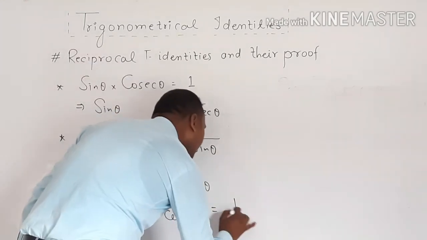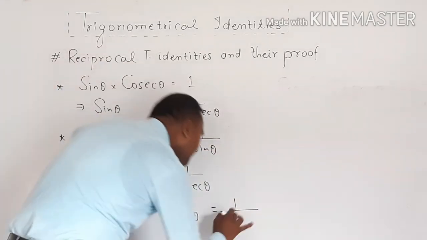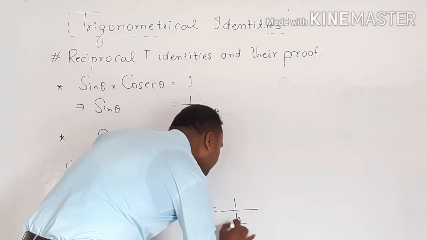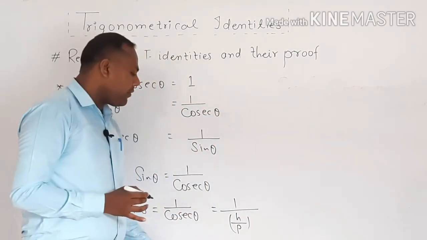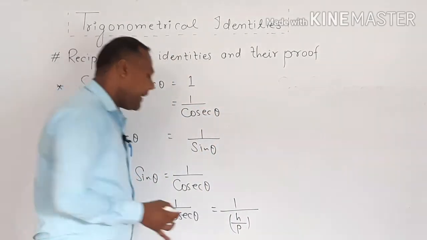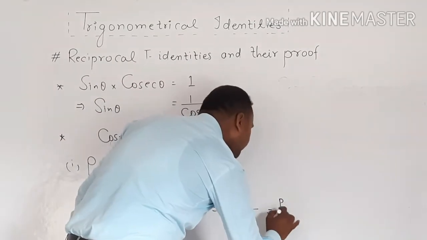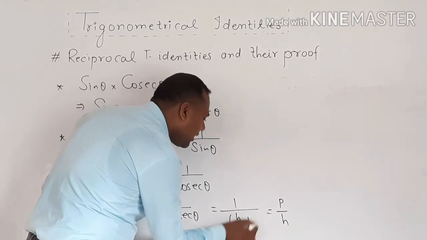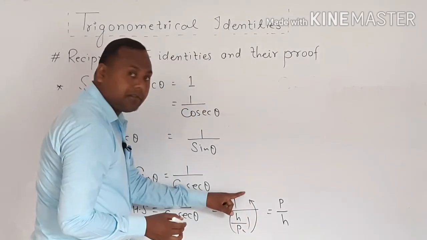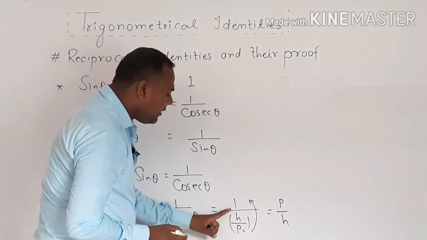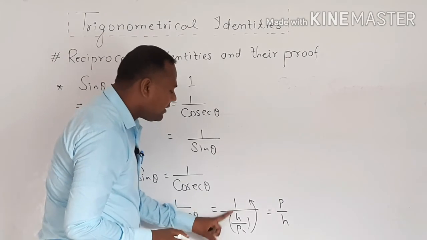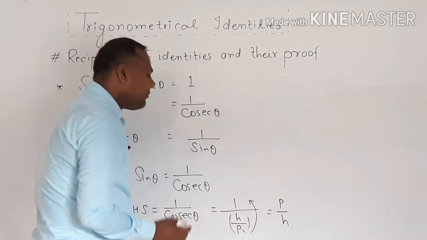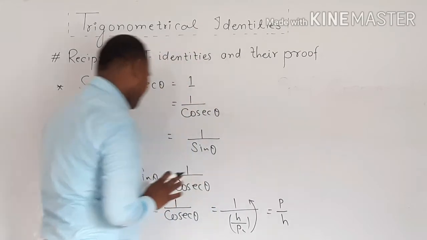That means 1 upon cosec theta means 1 upon h upon p. Now that means p upon h. How? By the 1, 2, 3 rule: the third one changes into the numerator and the second one changes into the denominator. That's why we can say that p upon h.